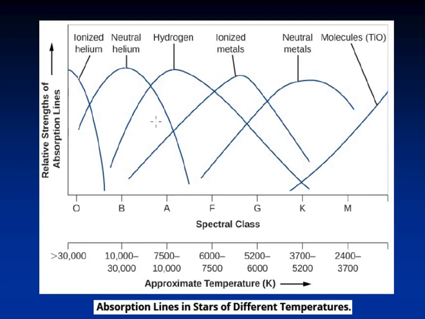So there are only two contenders here, right? What I am saying is that the hydrogen lines are about half as strong as those seen in the A star.